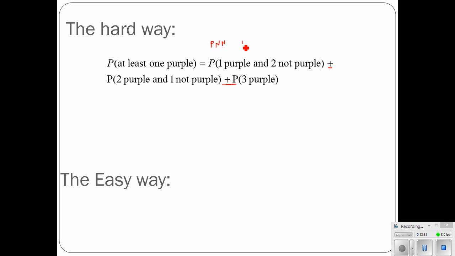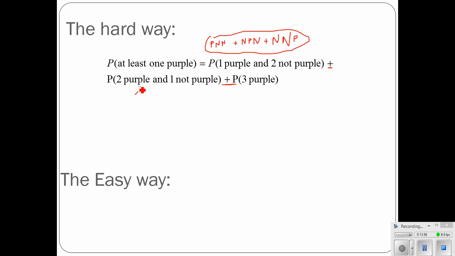It could be you pick someone that didn't want purple, and then the purple person was in the middle, and then you got another no. And there's another option here: the first 2 people you could talk to didn't pick purple, and then the third person did pick purple. So there are 3 ways to get 1 purple. Either the first person picked it, or the second person, or the third person.